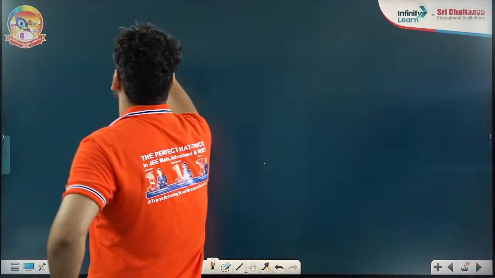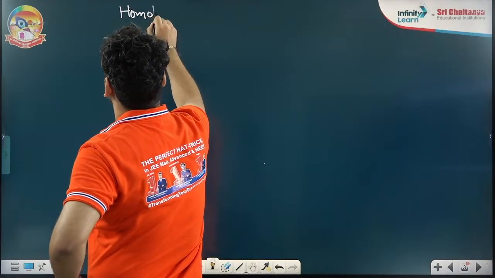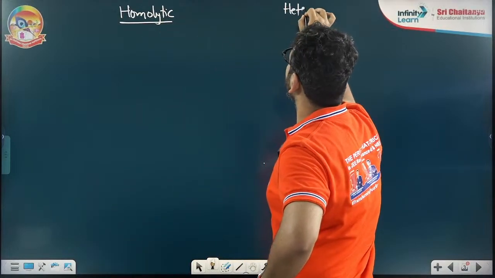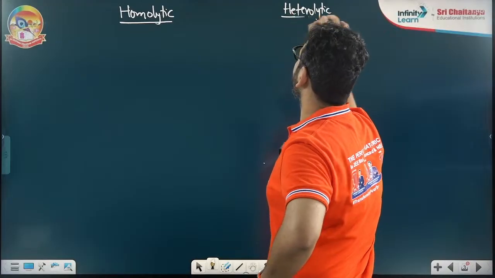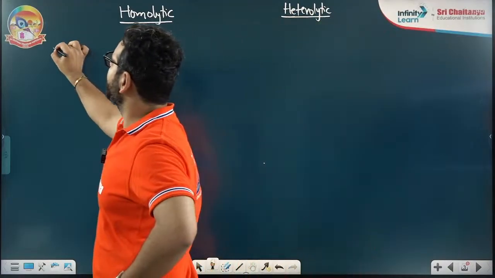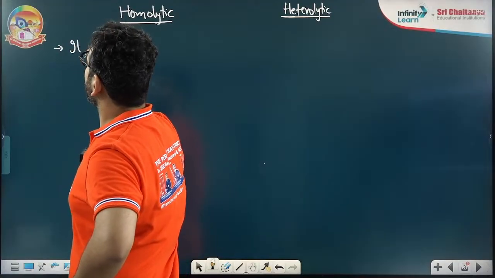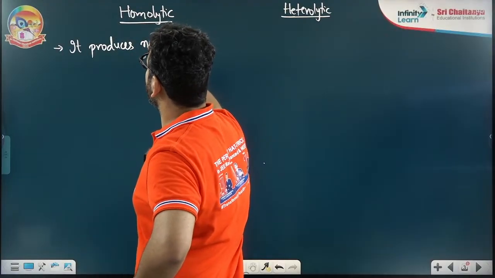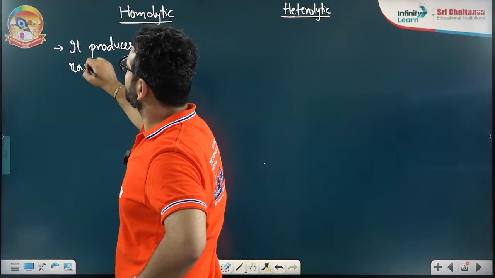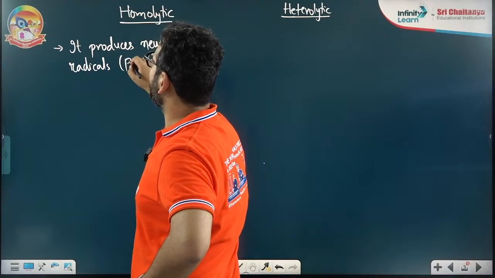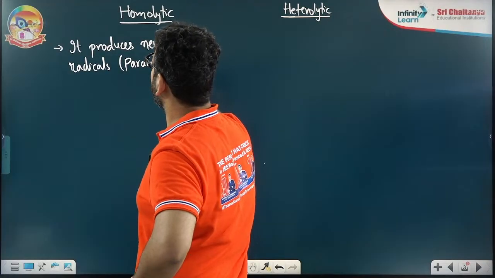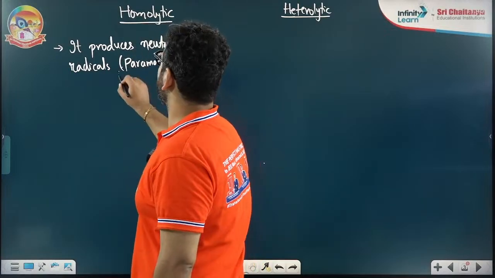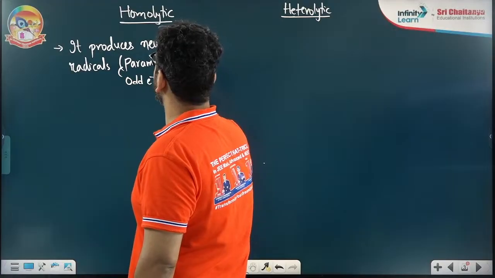So let us write down the differences between homolytic versus heterolytic cleavage. First point: homolytic produces neutral radicals which are paramagnetic in nature, because they are odd electron species.